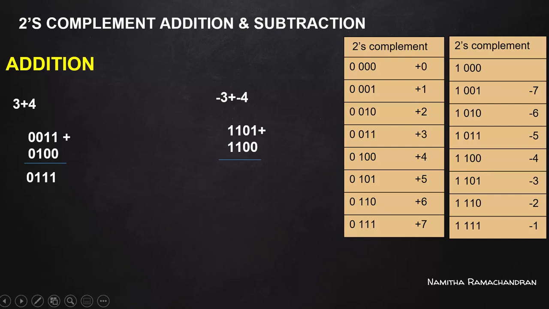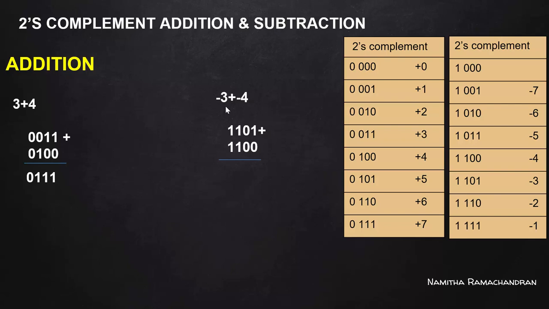If this table is not available, we can generate the 2's complement representation of minus 3 and minus 4 by following the 2's complement conversion principle. What is it? Take the representation of positive 3, then take its 1's complement and add 1.